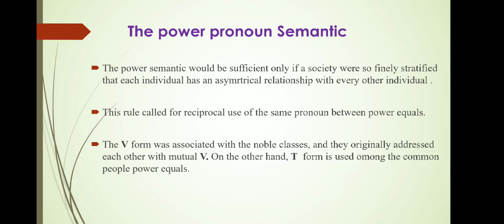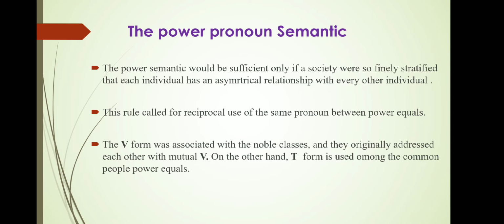And this rule called for a reciprocal use of the same pronoun between power equals. So the V form was associated with the noble classes, and they originally addressed each other with mutual V. On the other hand, the T form is used among the common people, power equals.